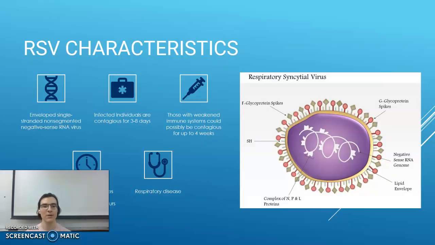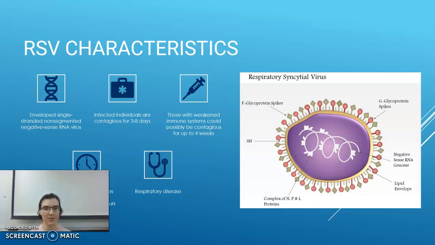So a few common RSV characteristics would be that of just the general nature of RSV. RSV is an enveloped, single-stranded, non-segmented negative sense RNA virus. In infected individuals, they can be contagious for 3 to 8 days upon infection.